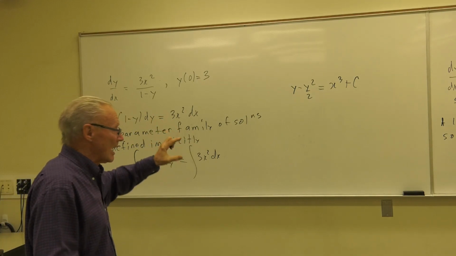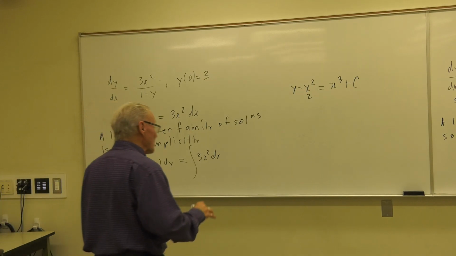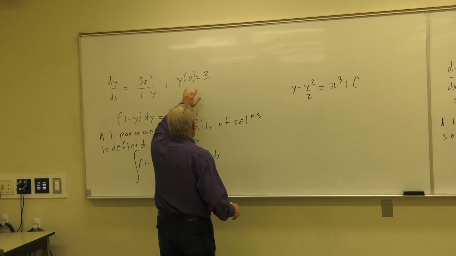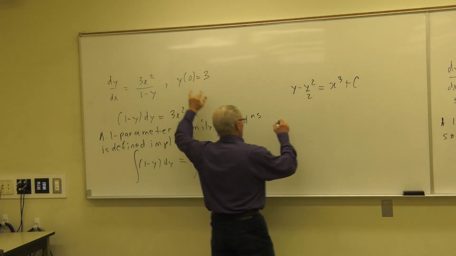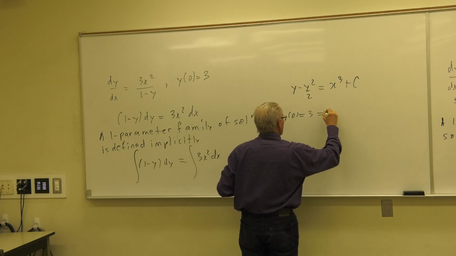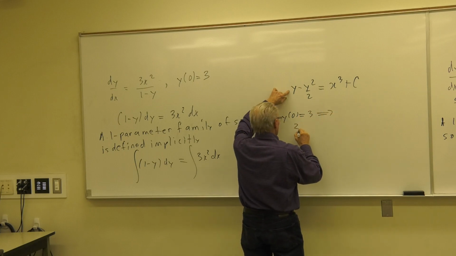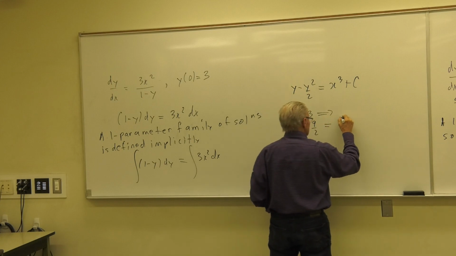Is it general? I have no idea, but I don't care. I'm not looking for all the solutions. I'm only looking for the solution that satisfies this. So let's see that y at 0 equals 3. What does that imply? You put a 3 here, and you put a 3 there, is equal to c.